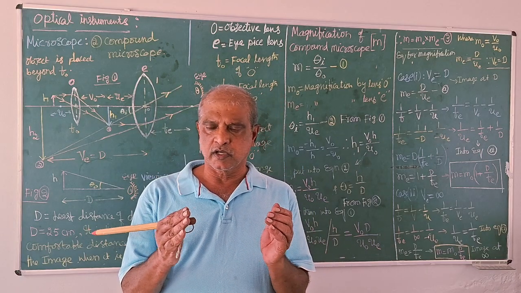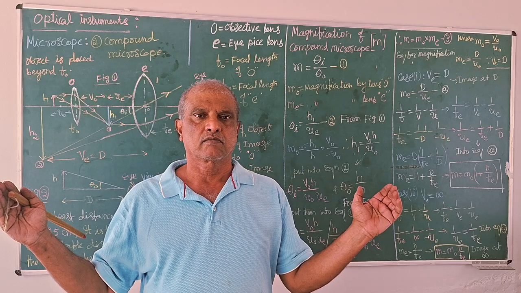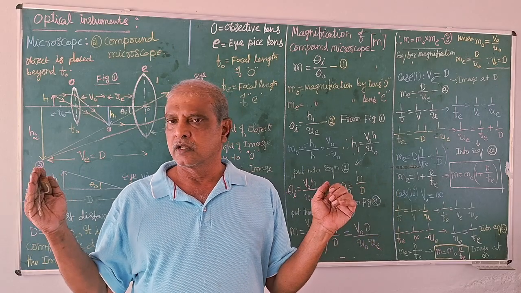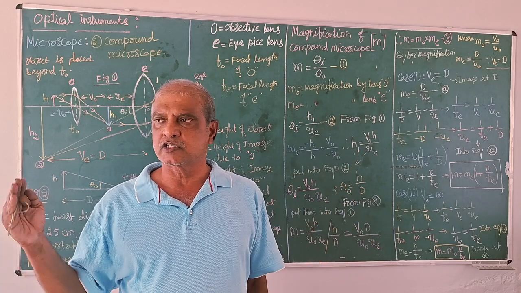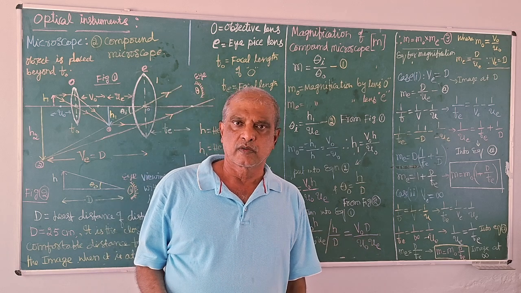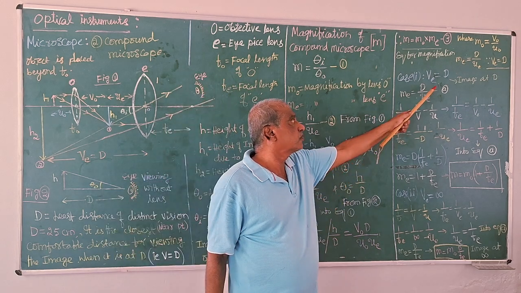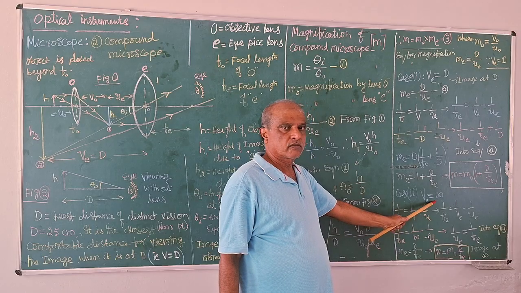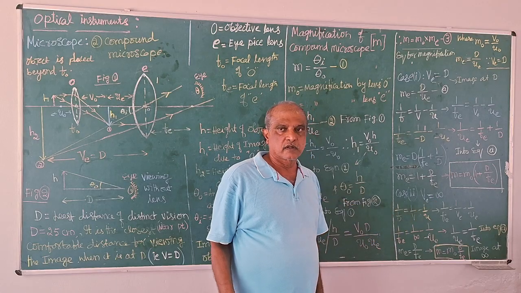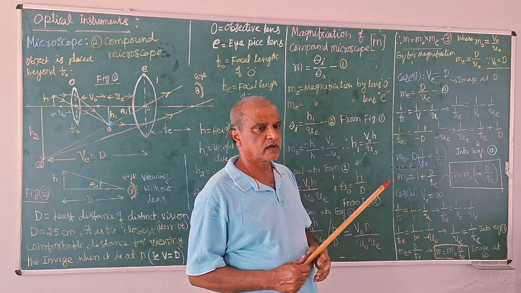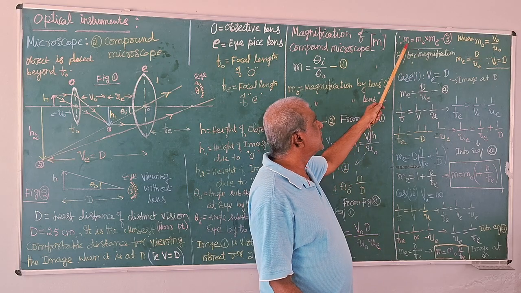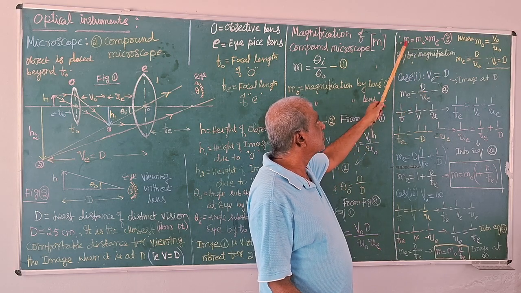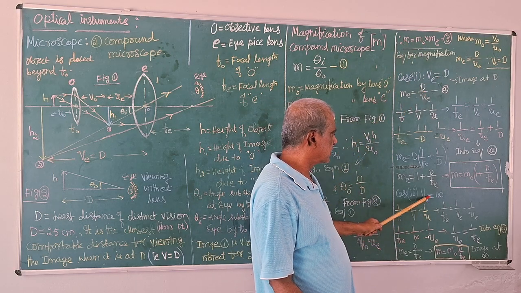It is of course a range between two values, one a minimum value and the other a maximum. The least value is d and the highest value is infinity. In this range, the image is comfortable. Let us find out the equation for this condition.